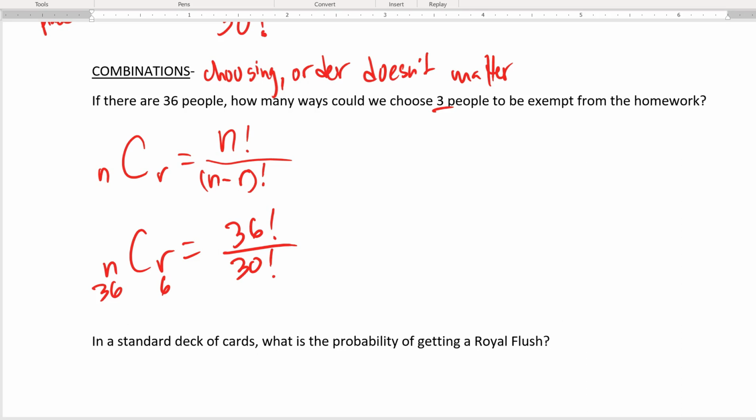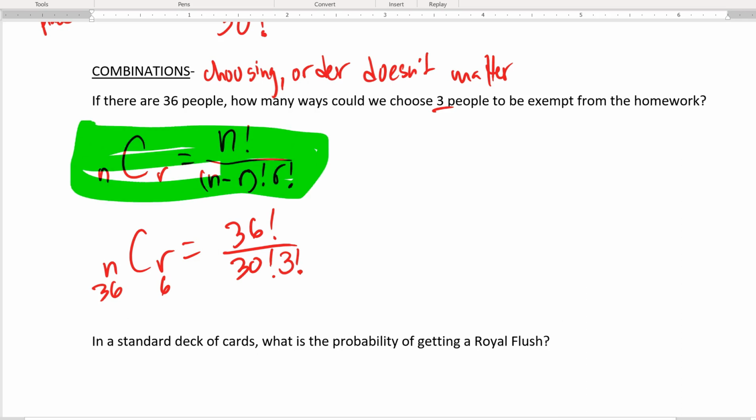But the difference here is the order doesn't matter. If you get chosen first or if you get chosen last, and you're like, I got chosen. So rearranging those people doesn't make a difference in this. So what we have to do is say those 3 arrangements of those 3 people didn't make a difference, so we divide by another 3 factorial. We basically divide by r factorial. This is the formula for combinations. Okay?